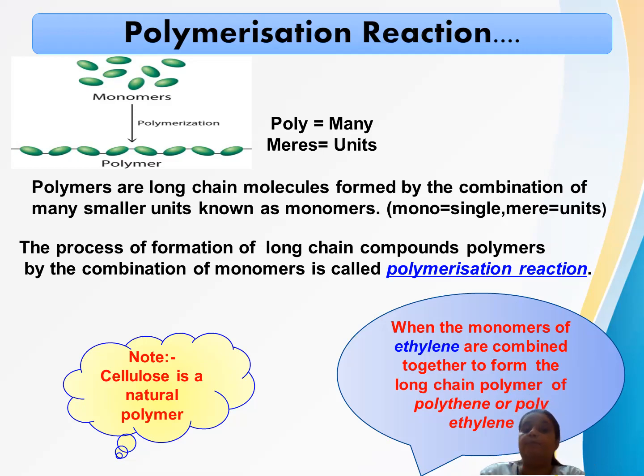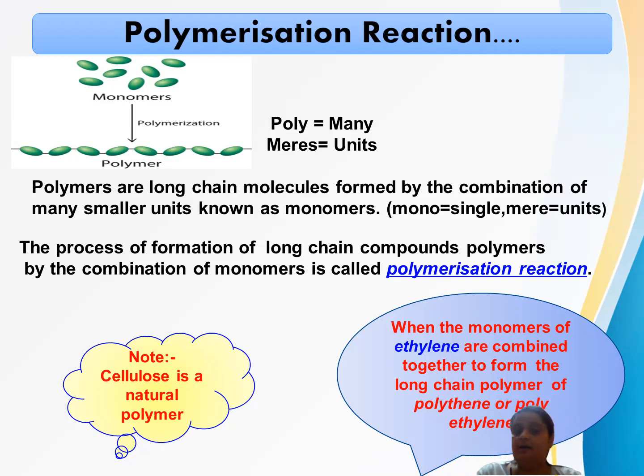Similarly, the synthetic fibers and all these materials are polymers. The fibers and fabrics we use are polymers. Polymers are formed when you combine smaller units that are identical to each other. Those smaller units are known as monomers.